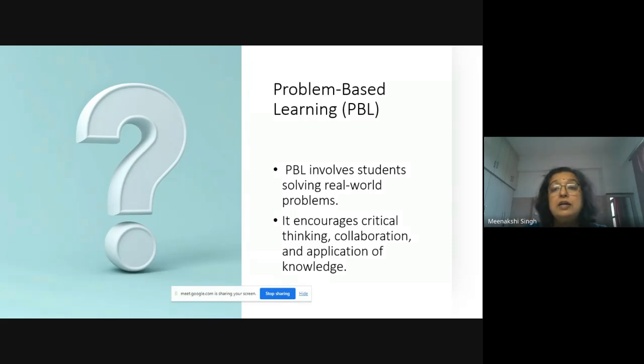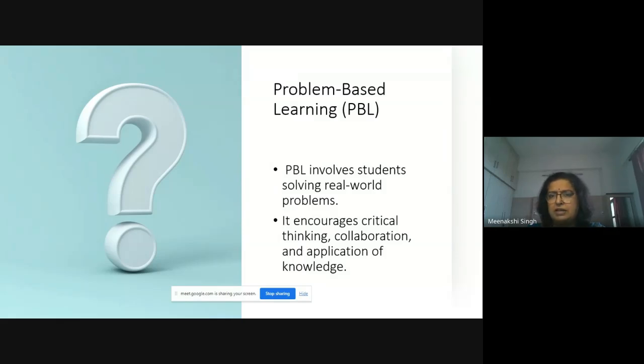The job of the teacher is to bring to the students a problem. And naturally, it has to be multidisciplinary. It has to be a problem of the real world. Once the problem has been stated, the teacher leaves it to the students to find solutions, and only facilitates or guides or gives them a little bit of support.